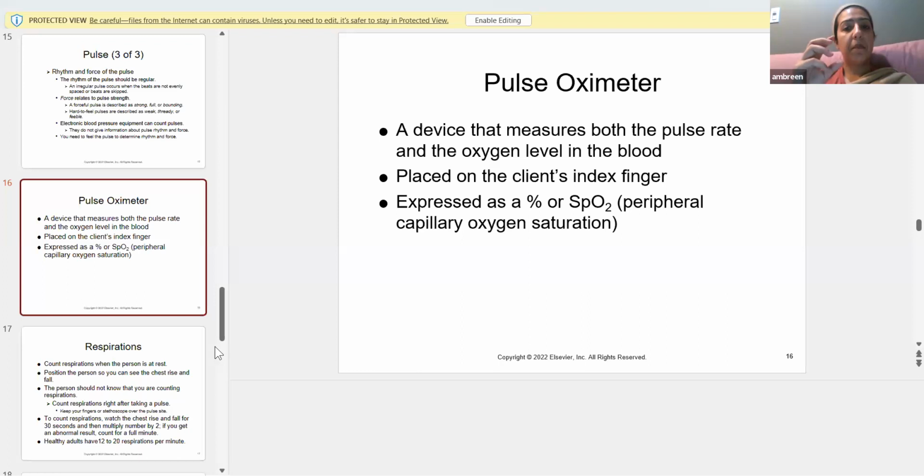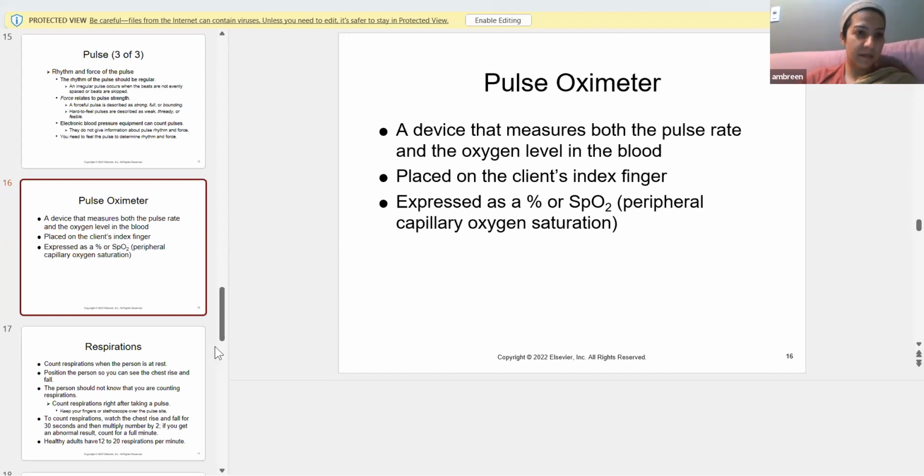The reason we check SpO2 is, what is the oxygen saturation of a person? That means how much oxygen is the blood carrying. Those who have asthma, those who have COPD, they do not breathe much oxygen.